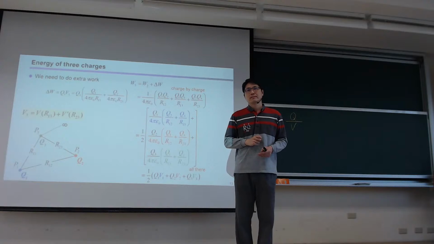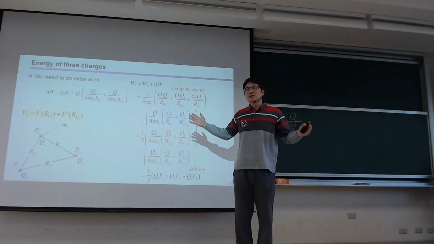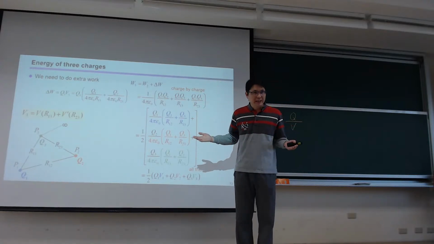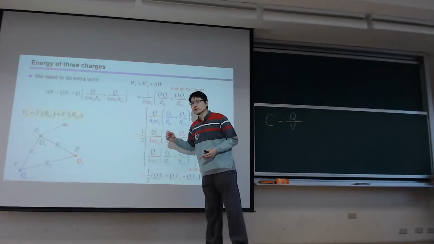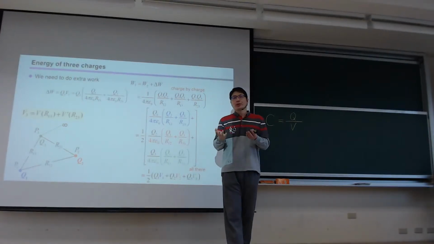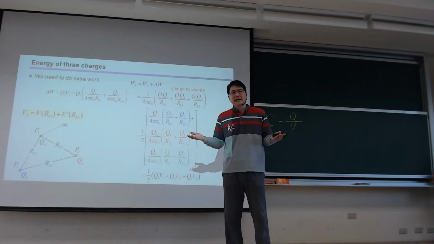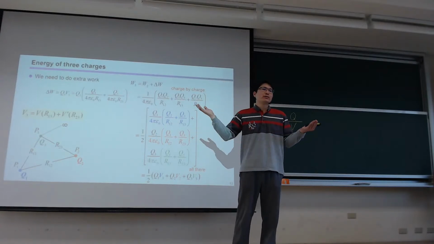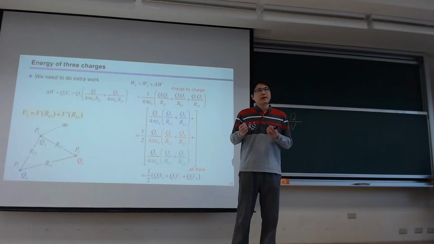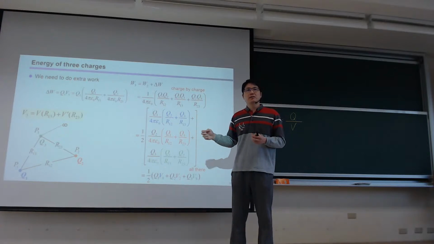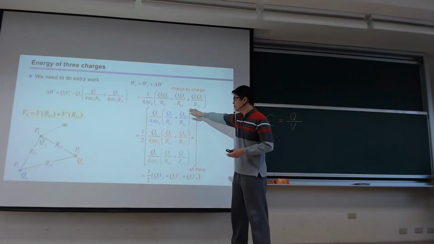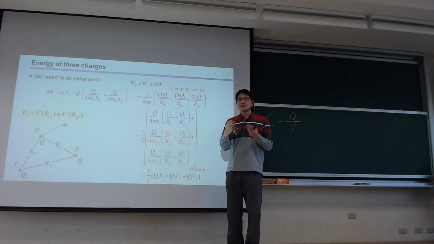Okay? So I'm trying to explain this 1/2 factor in a pictorial way. Well, the textbook just tells you that you have to divide by 2. And the reason to divide by 2 is that when you calculate this, blindly writing down, you count it twice.